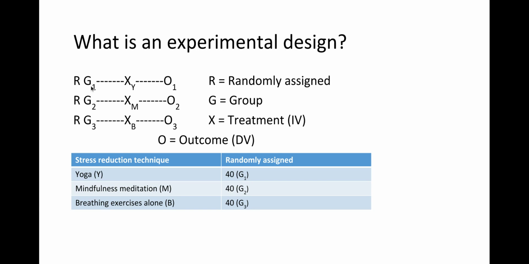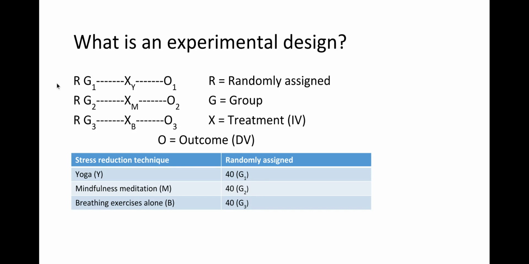And look at this one. The G stands for three different groups, and X stands for treatment, the independent variable. So some treatment: treatment Y, treatment M, and treatment B, right? So you design three groups, and each group receives its own treatment, for example treatment A, B, C. You have randomly assigned subjects into each group.